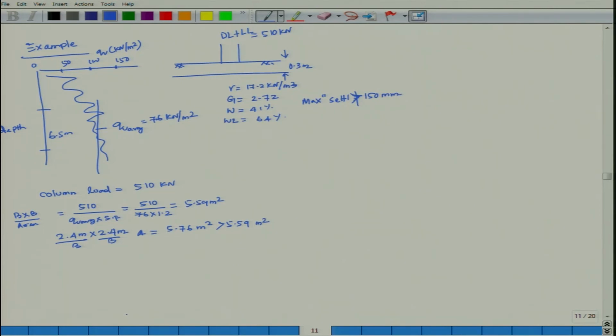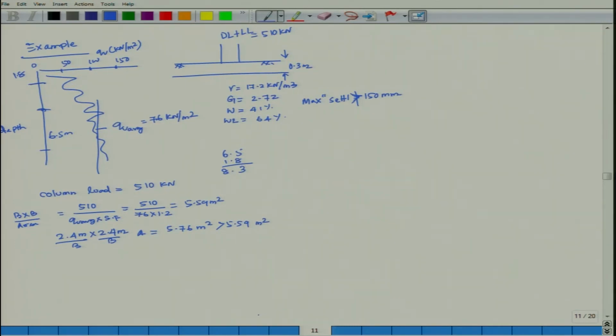Now what will happen? This is the pressure bulb, which will be 6.5 meter. Within this pressure bulb we are getting good strength, 76 kilonewton per meter square. If this is 6.5 and this is 1.8, the total will be 6.5 plus 1.8, 8.3.